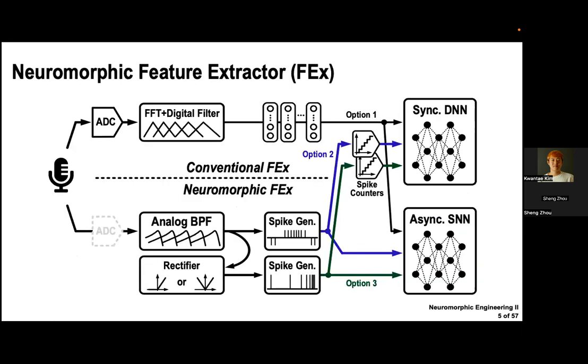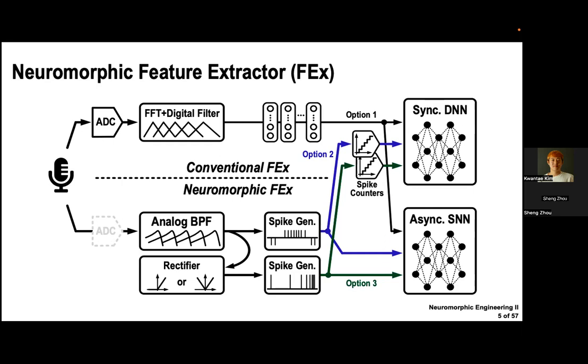And here is a brief roadmap of the neuromorphic feature extractor. In the conventional feature extractor, we can see the microphone output is directly fed to an analog to digital converter. But this ADC has a very high sampling rate and very high resolution in general. And it is further processed by FFT plus a triangular digital filter bank. And the output is audio feature frames, an audio feature vector that is generated in audio frames.